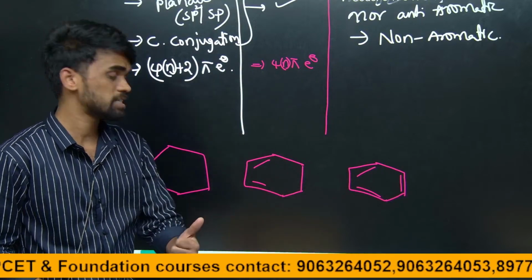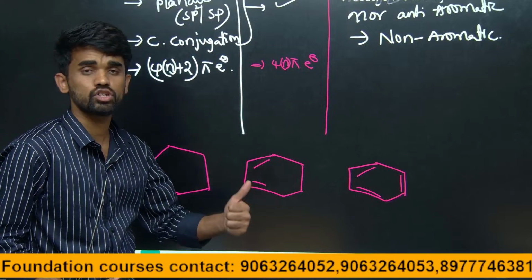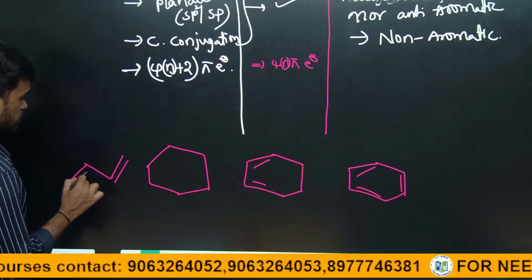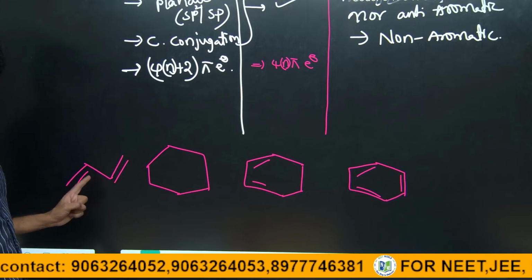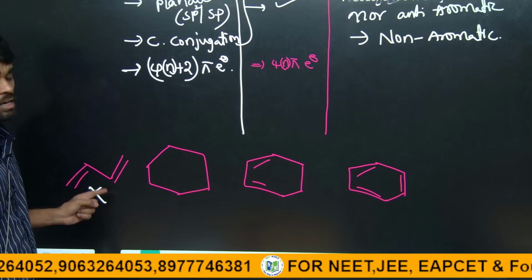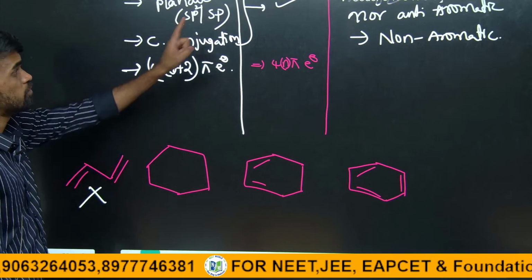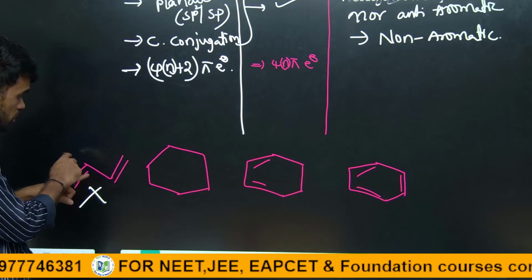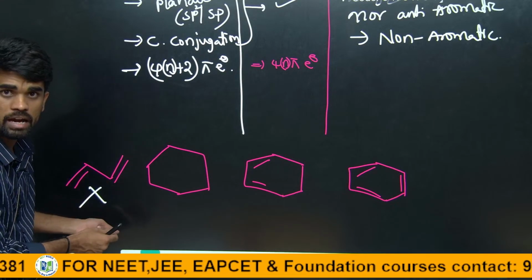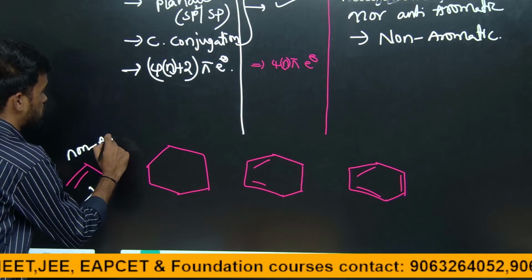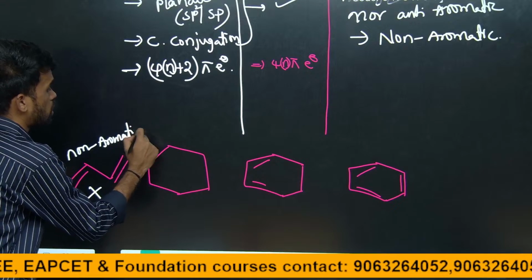So what are the conditions? The compound should first be cyclic. I am adding one more compound also here. So is this cyclic? No. Therefore it is not aromatic. It cannot be anti-aromatic either, because for anti-aromatic also it should be cyclic, but it is not. So it is neither aromatic nor anti-aromatic. So we can say this is non-aromatic.